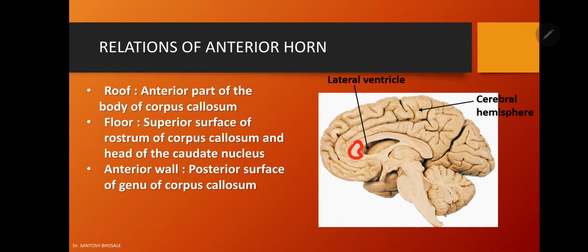So this is the genu forming the anterior wall of the anterior horn, or specifically the posterior surface of the genu forming the anterior wall of the anterior horn of the lateral ventricle. So the roof is formed by the body, the floor by the rostrum, the anterior wall by the genu.